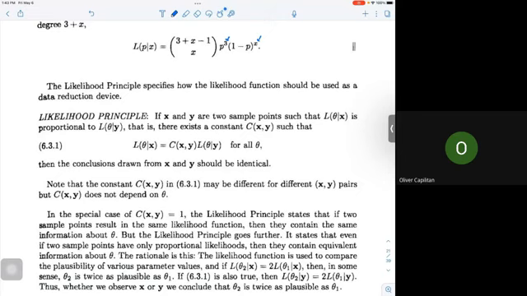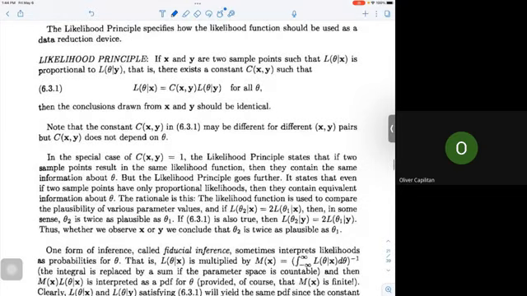That is, there exists a constant C of x, y such that we could express the likelihood function of theta given x as the product of this constant C of x, y times the likelihood function of theta given y, for all theta. Then, according to the likelihood principle, the conclusions drawn from x and y should be identical, or we could say the conclusions drawn from x and y should be the same.